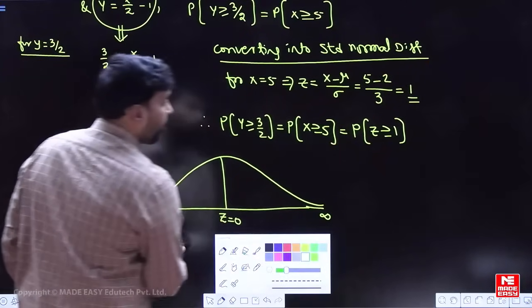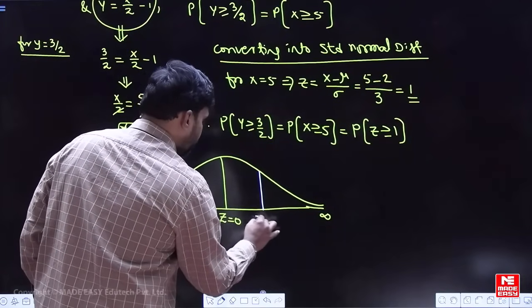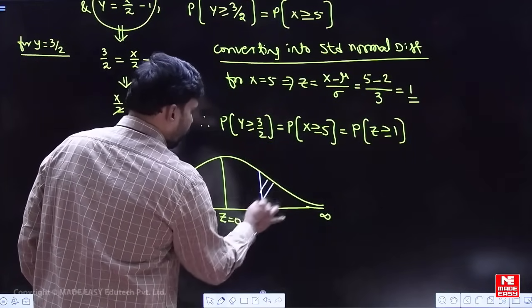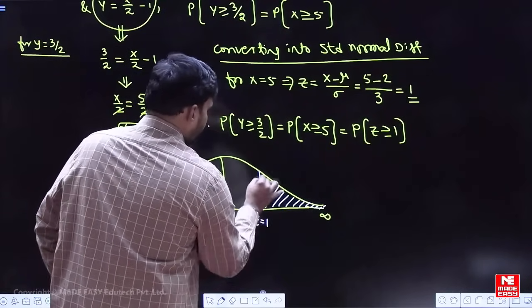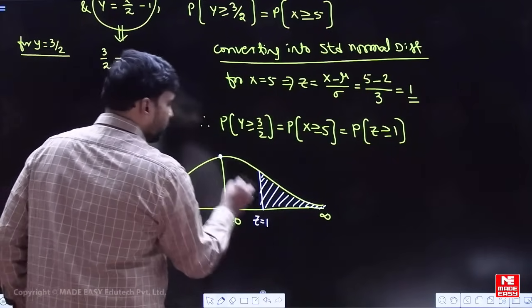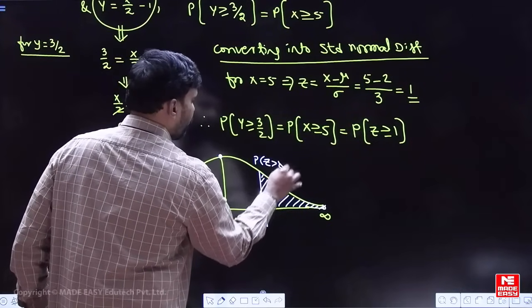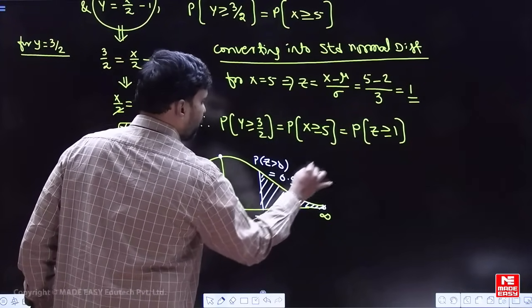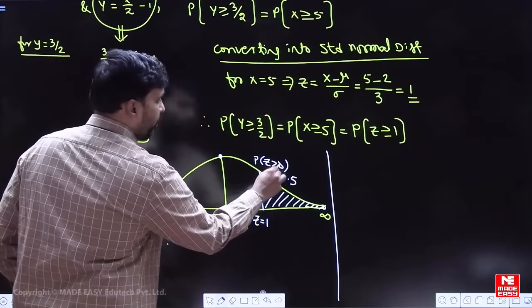Now let's see z greater than 1. Suppose this is z equal to 1. Z greater than 1 means this region, which you have to find. Now my dear students, we know that the probability for z greater than 0 is 0.5.